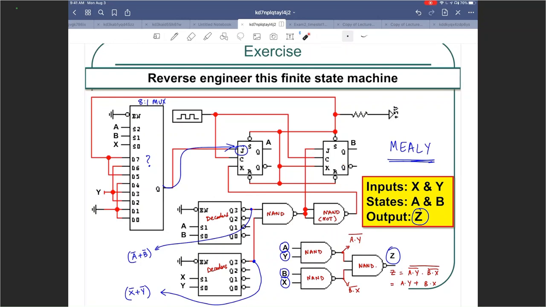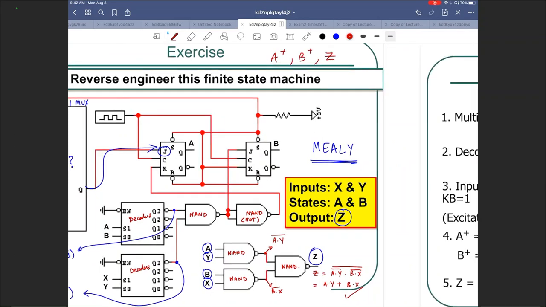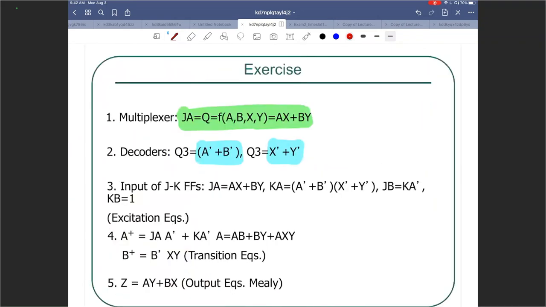So if you use all of that and write A plus, B plus, and Z equations for those three things, Z we have already written here, but A plus and B plus will take you some time. But if you do that, you should end up with these equations for A plus and B plus. And outputs, this is exactly what we just figured out.